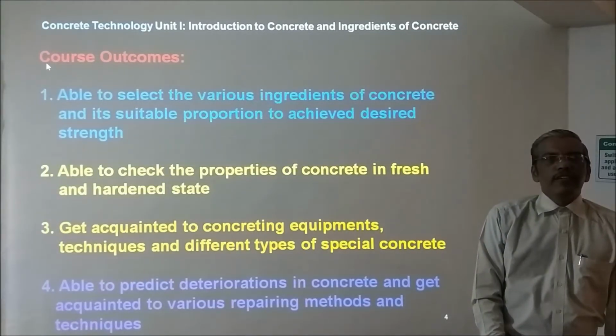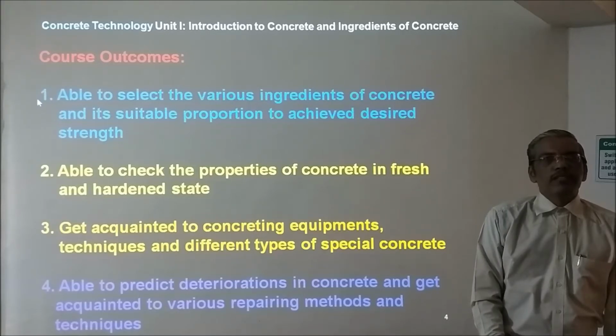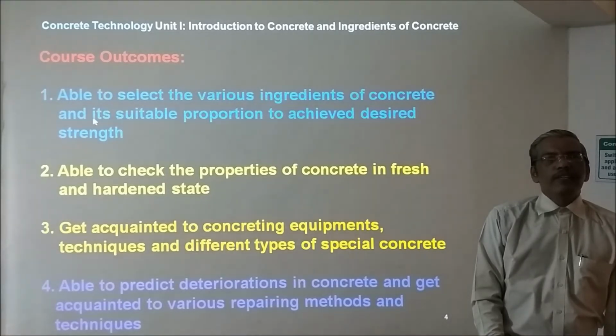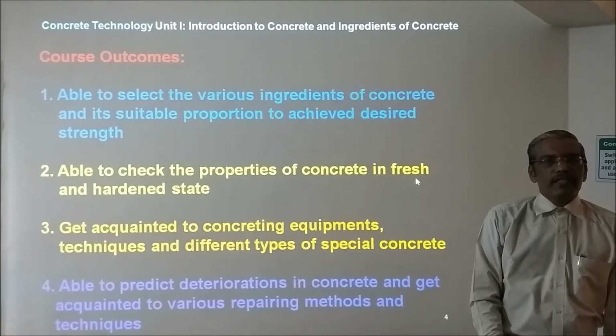Then we will see the course outcomes. First course outcome is students will be able to select the various ingredients of concrete and its suitable proportion to achieve desired strength. Second course outcome is to be able to check the properties of concrete in fresh and hardened state.